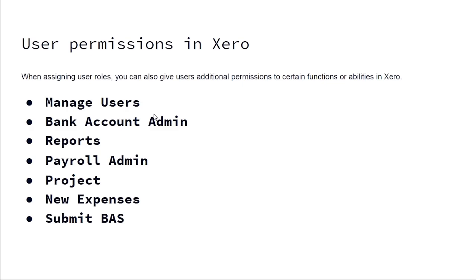So for bank account admin, this permission gives the user the ability to edit bank account details for contacts. A user with the advisor user role won't have this permission by default. Again, it's an additional permission added to your existing role, if you only need this specific function.